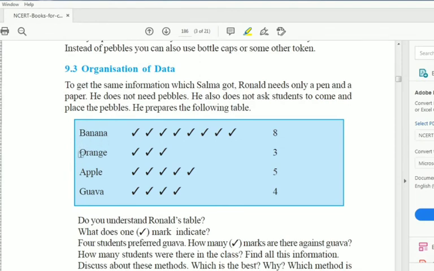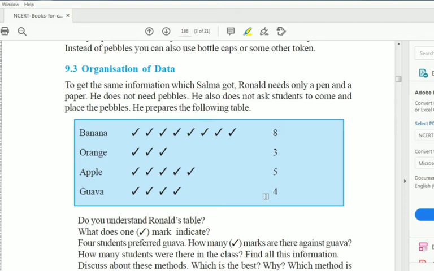He wrote the names of fruits and put a tick mark in front of the name of that fruit to count the number of students. So 8 students like banana, 3 students like orange, 5 students like apple and 4 students like guava.